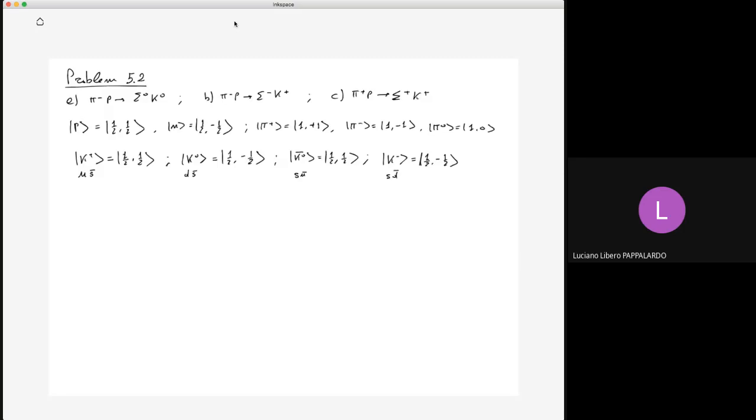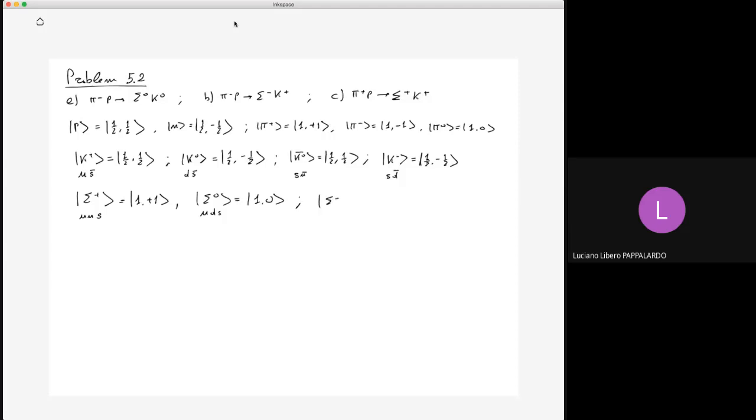Now, let me give you the isospin states for the three sigmas. The sigma plus is 1, plus 1, and it is a uus baryon. Then we have the sigma 0, that is a 1, 0 isospin state, and it is a uds baryon.